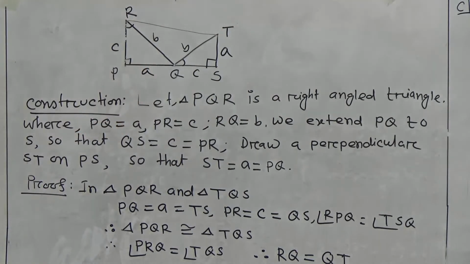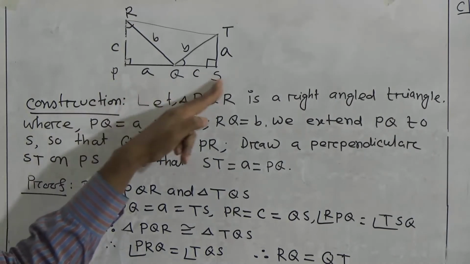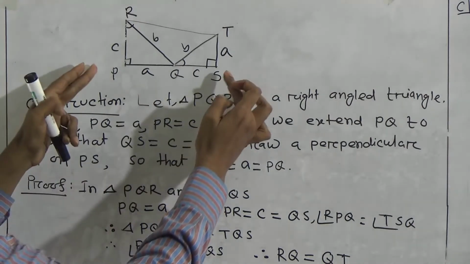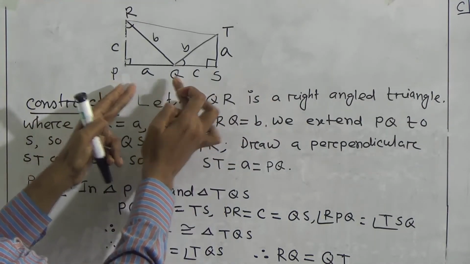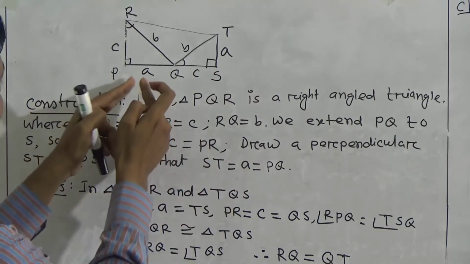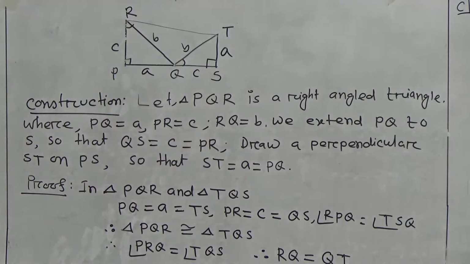Now we have to put this value. Remember students, PS means what? A plus C. Look, PS means PQ plus QS. So PQ plus QS means A plus C. Okay, right?